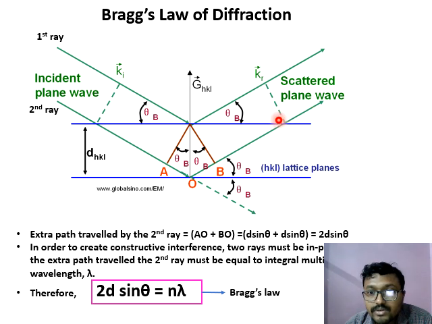Now, when will these two waves be in the same phase? The second X-ray enters the crystal's second plane and then is scattered, so it follows some extra path. What is the extra path? This extra path is AOB. The second X-ray travels this AOB extra path.